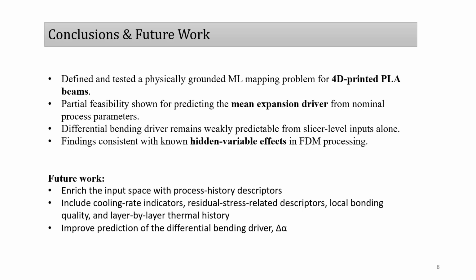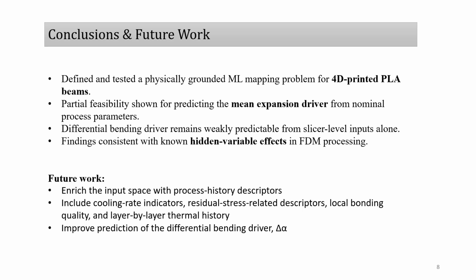The results show partial feasibility for predicting the mean expansion driver from nominal process parameters. However, the differential bending driver, delta alpha, remains weakly predictable from slicer level inputs alone. This finding supports the idea that nominal FDM settings provide an incomplete description of the internal thermomechanical state.